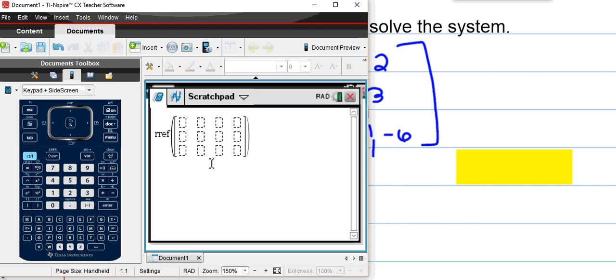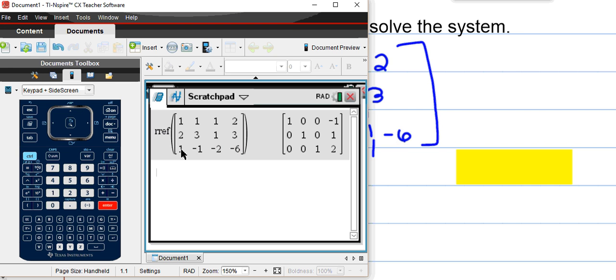Now we can input our numbers: 1, 1, 1, 2, 2, 3, 1, 3, 1, negative 1, negative 2, and negative 6, and press enter.